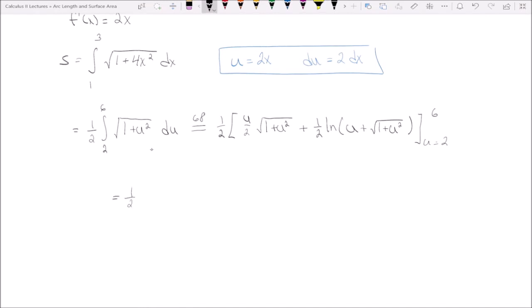Right, 1/2 times 6 over 2 is 3, square root of 37. Right, 1 plus 36. Plus a half log 6 plus square root of 37. Then it'll be minus, now I evaluate it again at 2, so it'll be 2 over 2 is 1, so root of 1 plus 4, root 5, plus a half log 2 plus root 5.